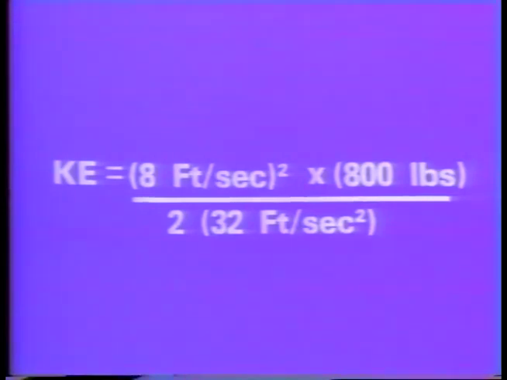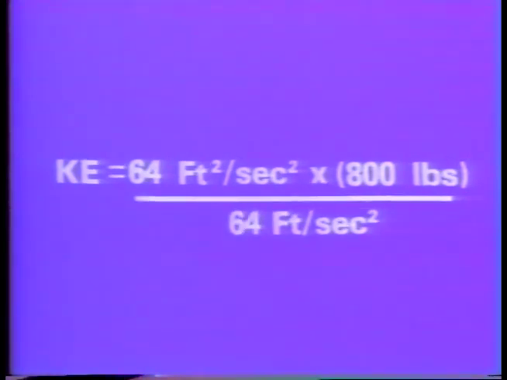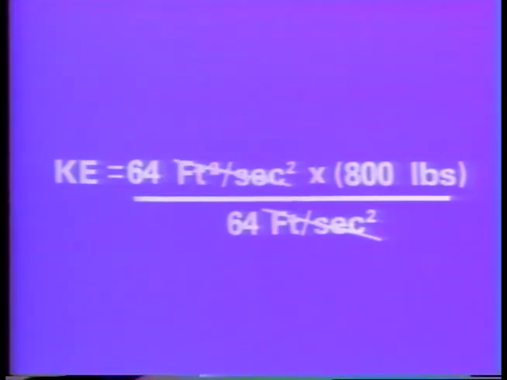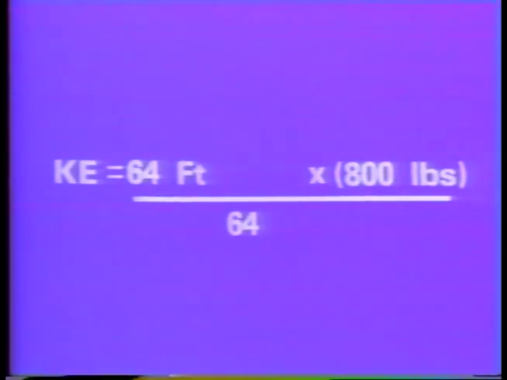Simplifying the problem, we get Ke equal to 64 feet squared per second squared times 800 pounds divided by 64 feet per second squared. Now, we can cancel feet and second squared in the denominator with feet and second squared in the numerator, and we're left with feet.